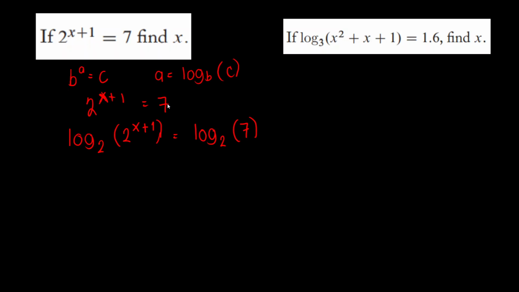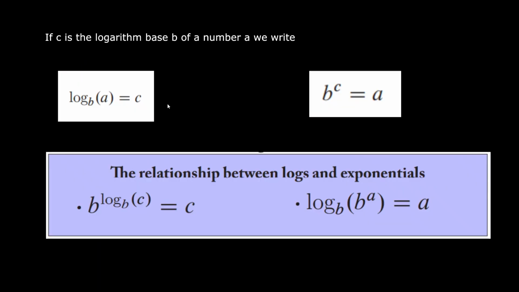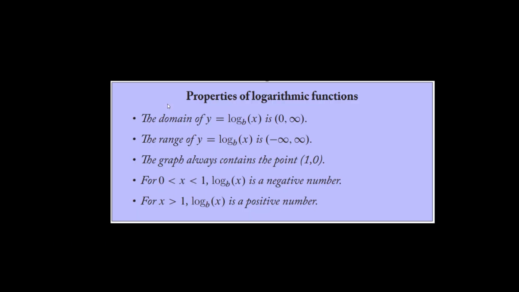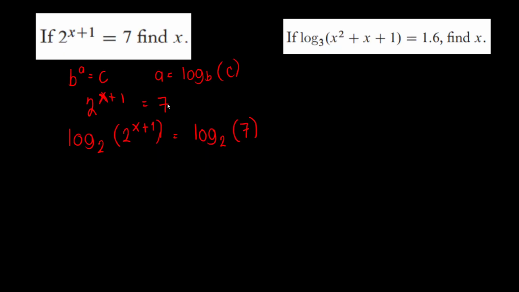Basta tandaan mo kung ano yung base, yun yung base ng logarithm mo. And, pagkatapos niyan, diba, kanina balikan natin ha, balikan natin yung properties. Sabi niya dito, ayan, log b of b raised to a is equals to a. Okay, so parang, saan na ba yun? Ayan, sabi niya, log b of b raised to a is equals to a, diba? So, parang ito yun, log 2 of 2 raised to x plus 1 should be equals to x plus 1.